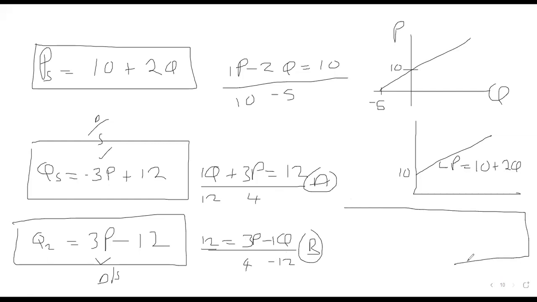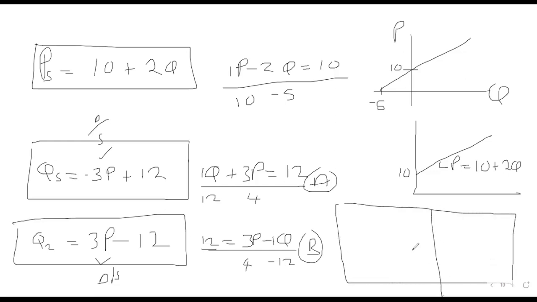For A, we have 12 here, 4, and here 12. Here we have P and Q. We have negative 12, and 4 here.